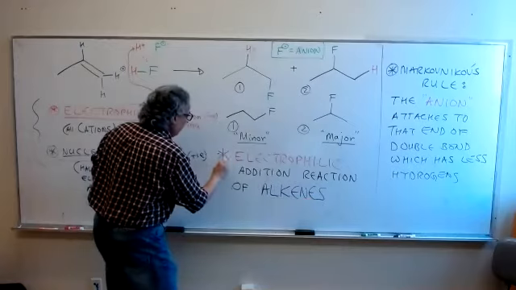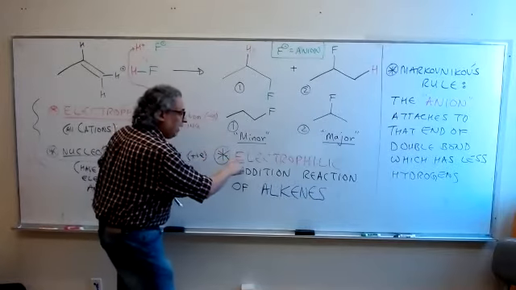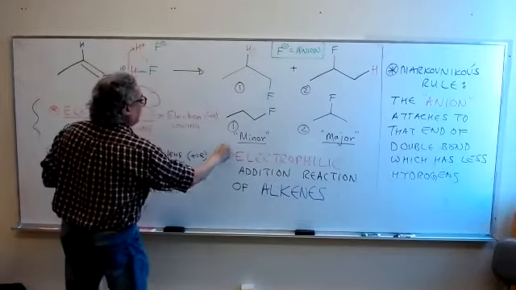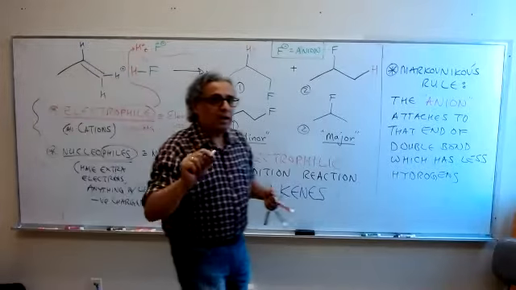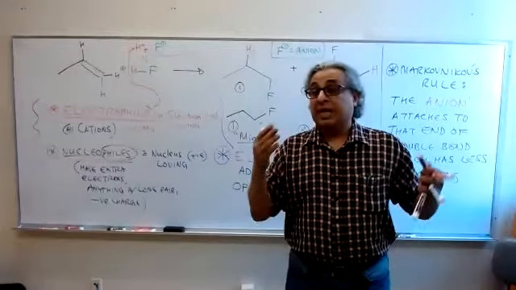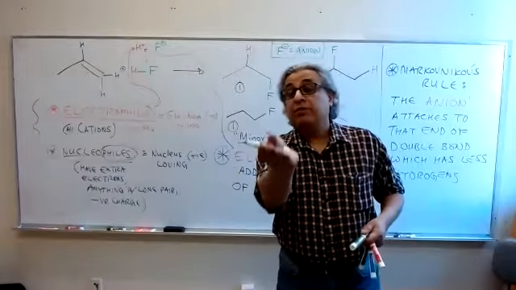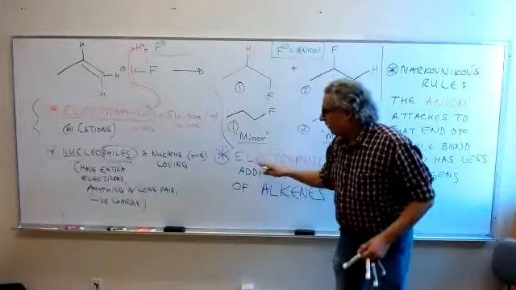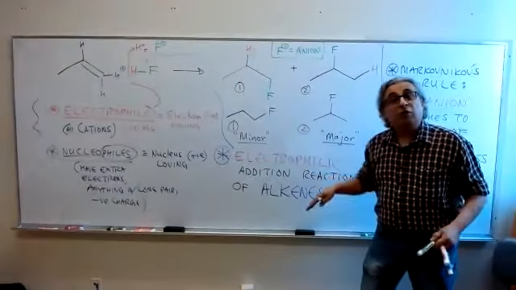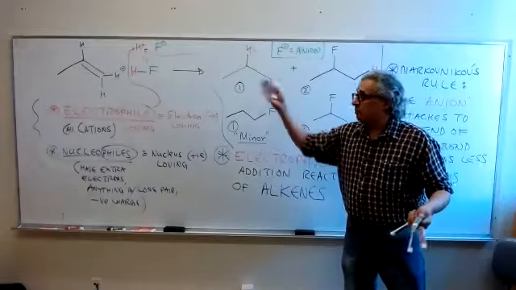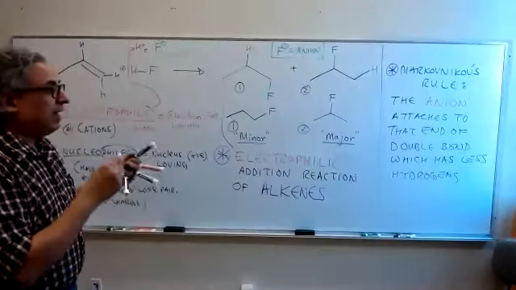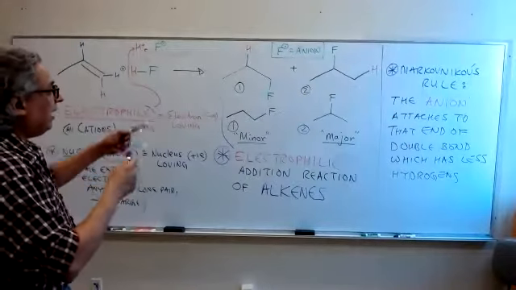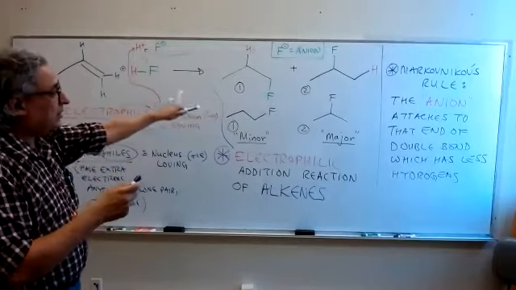This is the name of the reaction: electrophilic, and it's an addition reaction. You will see substitution reactions pretty soon. Electrophilic addition reaction of what? Alkenes, because you're doing the reaction on an alkene. Electrophilic addition reaction of alkenes, and that's the major product, that's the minor product.